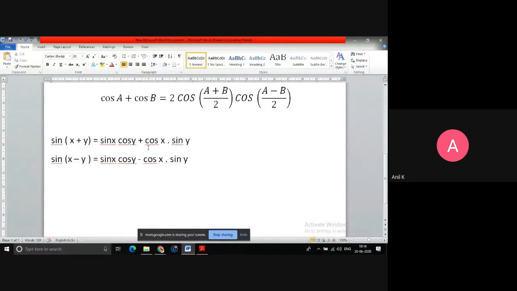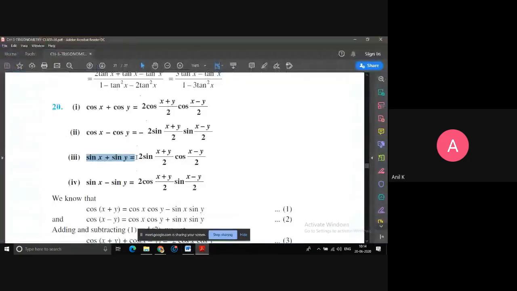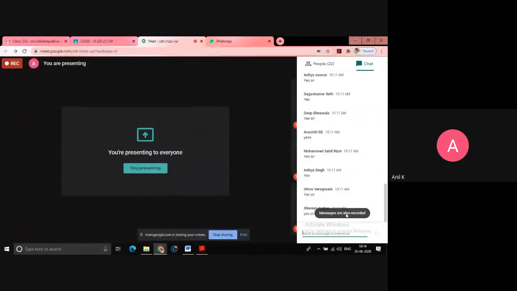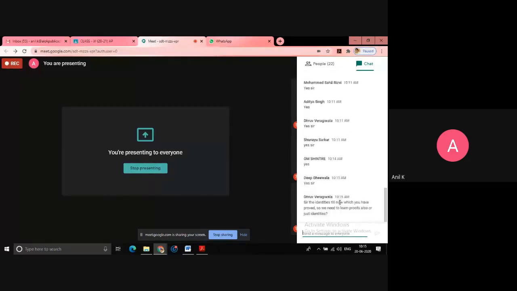Then if you add, cos x sin y minus cos x sin y, both are going to get cancelled. You get 2 times sin x cos y. Your formula is 2 times sin and cos term is coming. Can you try it at home? I think it is easy only.